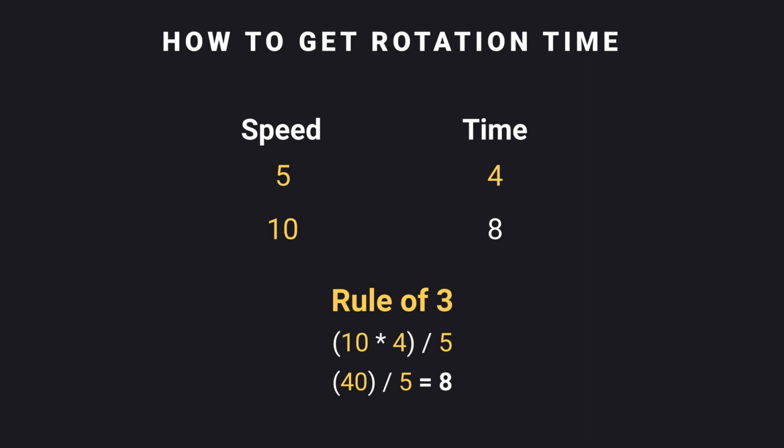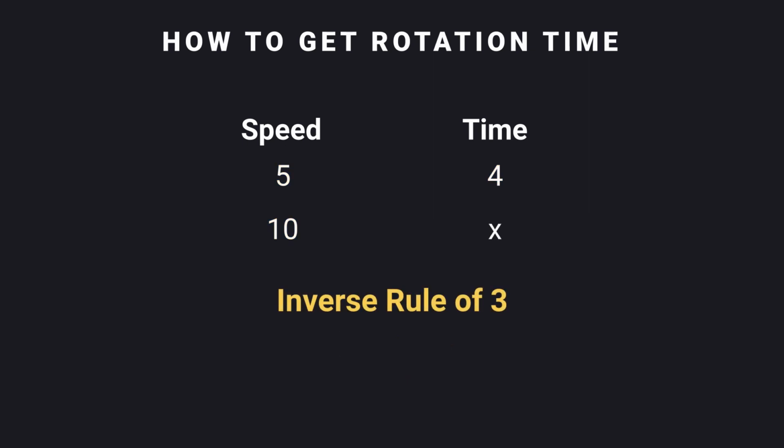The higher our speed, the lower our recentering time should be. In this case, we want the result to be 2. To do that, we simply use the inverse rule of 3. The way we do that is by multiplying 5 by 4 and then divide it all by 10. This gets us the result we want, which is 2.